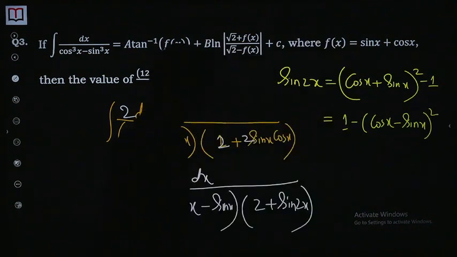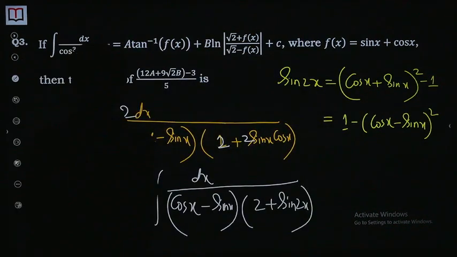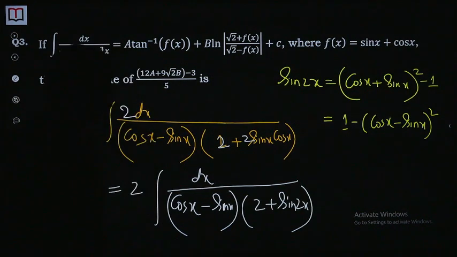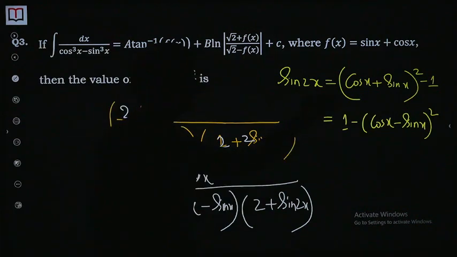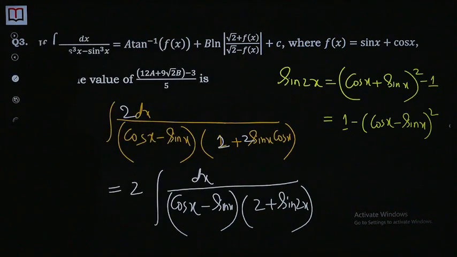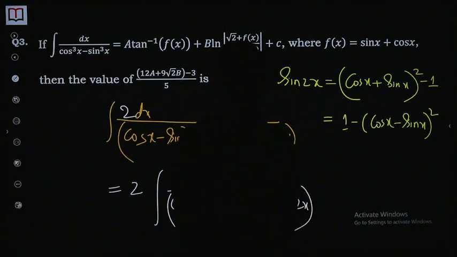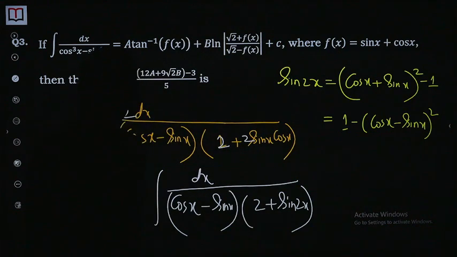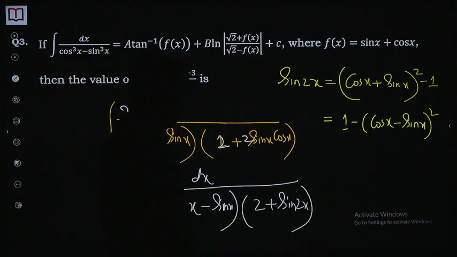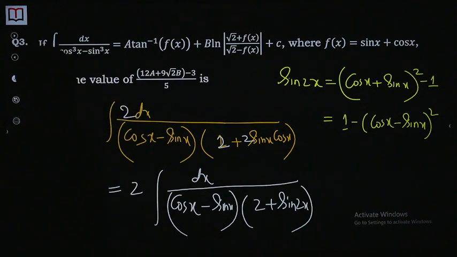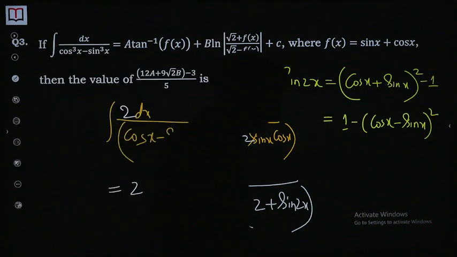Now which one to use is the question. Should we go for cos x minus sin x, because then we have cos x plus sin x as a derivative, or go for cos x plus sin x and have its derivative as cos x minus sin x here. We can easily decide which one to use, but I think there's a power problem here.